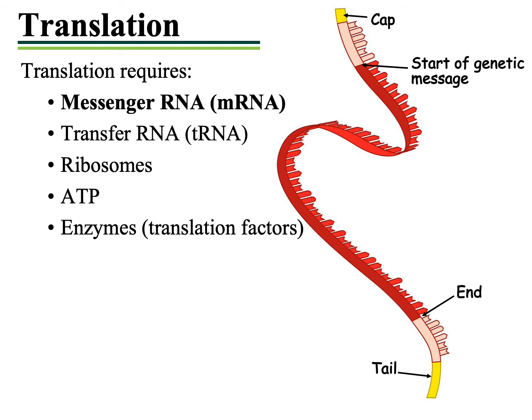So let's first look at the messenger RNA that is synthesized when protein coding genes are transcribed. Messenger RNA is a single-stranded RNA molecule, and it is a copy of the gene that, again, is the instructions or the information to synthesize a specific protein.